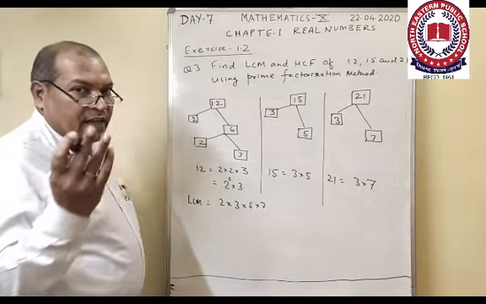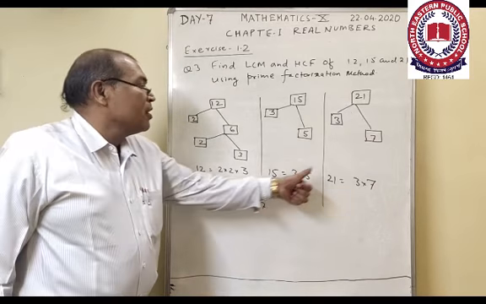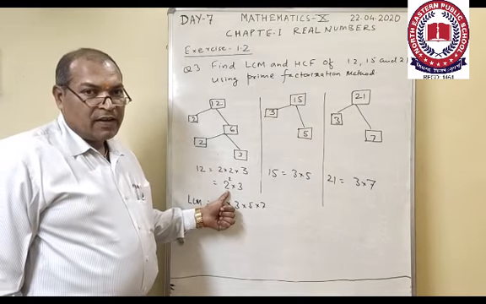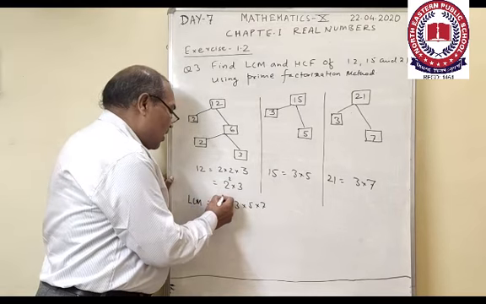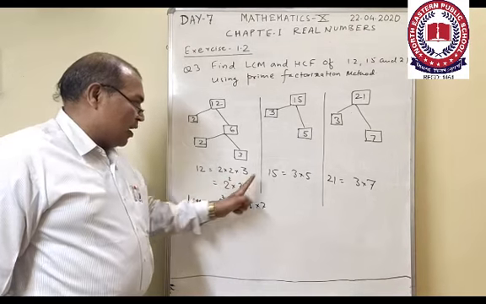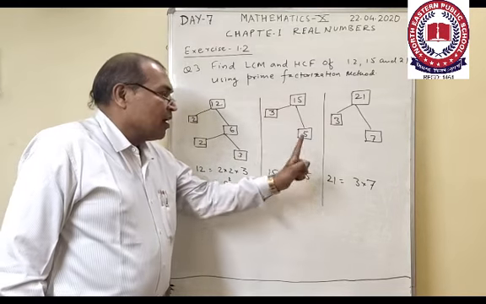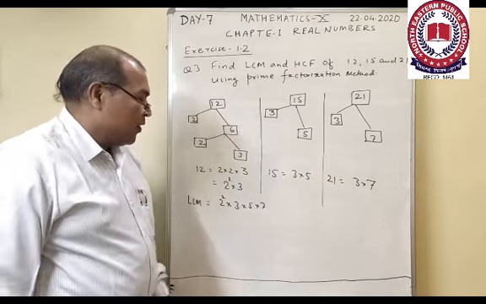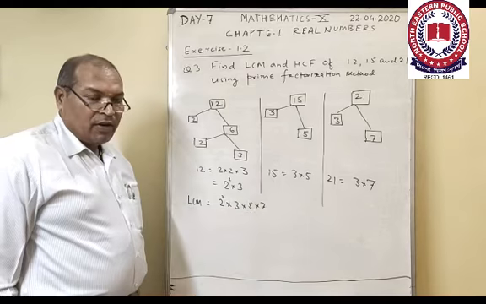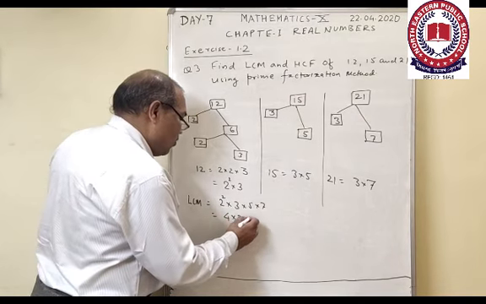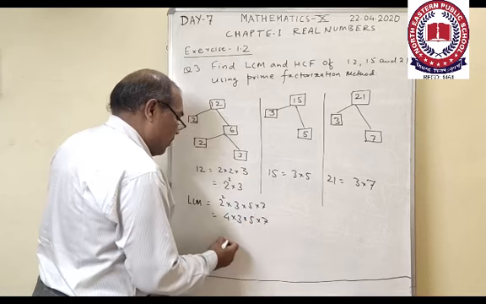But with the highest power in all three factorizations, 2 has the highest power of 2 here, so it will be written as 2 square. 3 occurs one time in each, 5 occurs only one time, and 7 also one time, so their powers will be 1, 1, 1. So this equals 4 into 3 into 5 into 7.